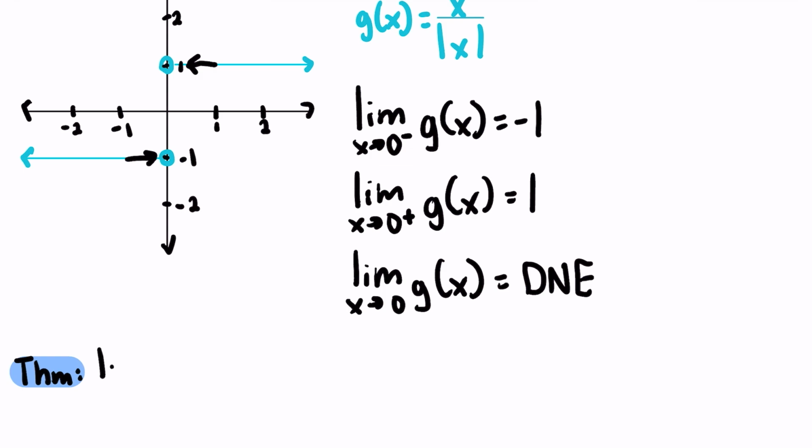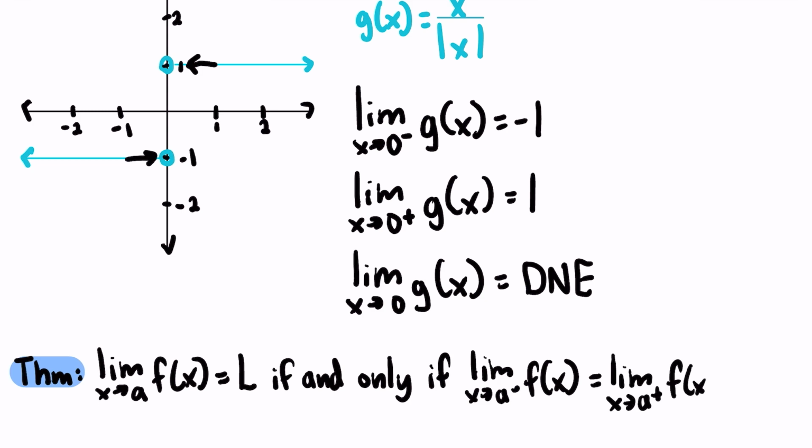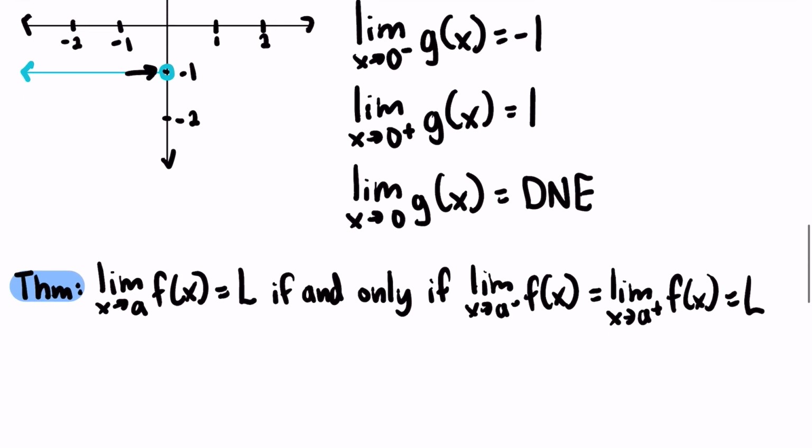So here's our two-sided limit as x goes to some arbitrary point a of f of x equals some limit L, if and only if the limit as x approaches a from the left of f of x equals the limit as x approaches a from the right of f of x equals L. So if these two don't equal each other, then this limit does not exist.